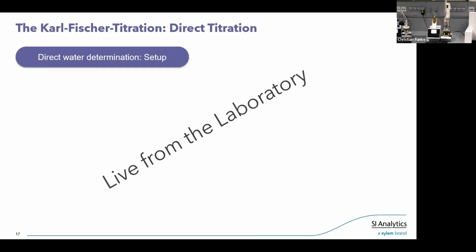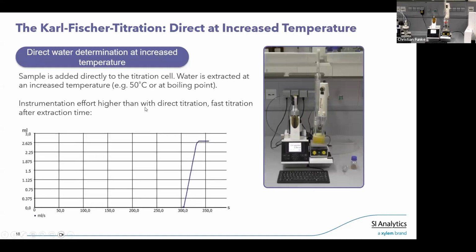So the result here can be seen now on the next slide. So you see we added the water, we added the sample again directly. We used an extraction time of about 300 seconds, and you can see now in the curves that the water was titrated quite fast and with a good endpoint here.